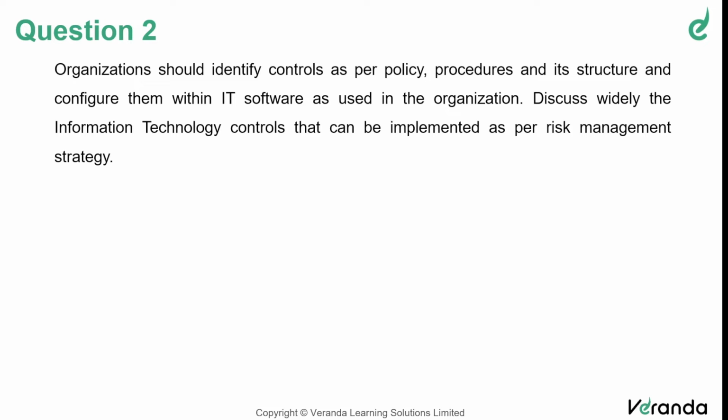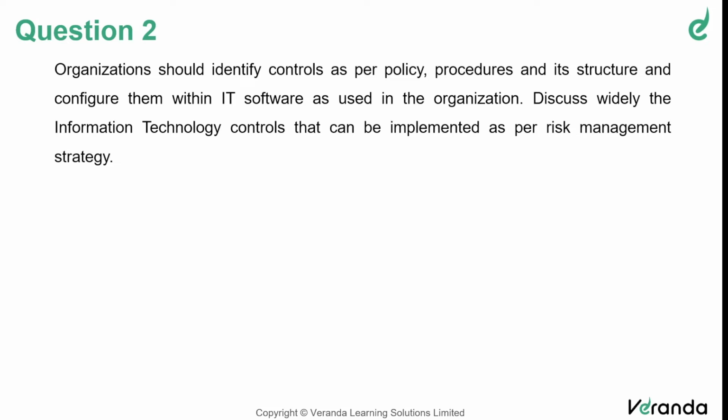But application controls are specific to certain applications, for example sales functions or invoicing or payroll. These individual applications, it is applicable to those individual functions. So two types of control.